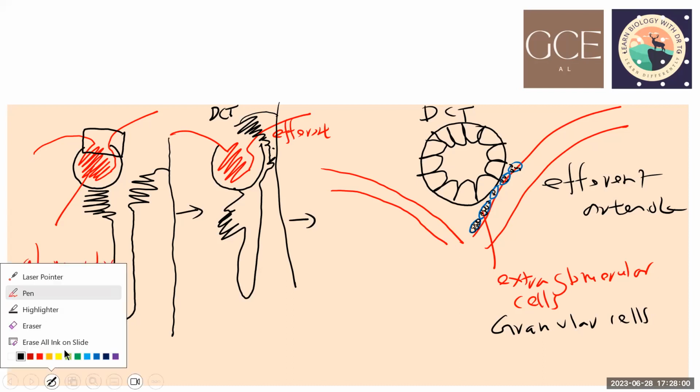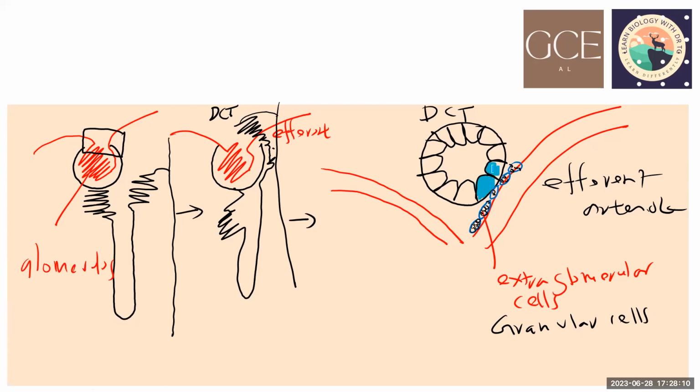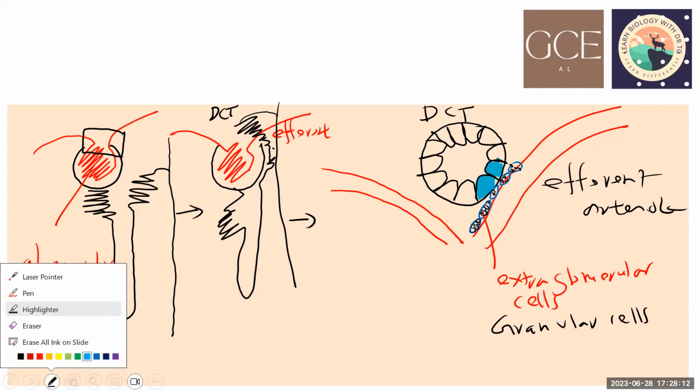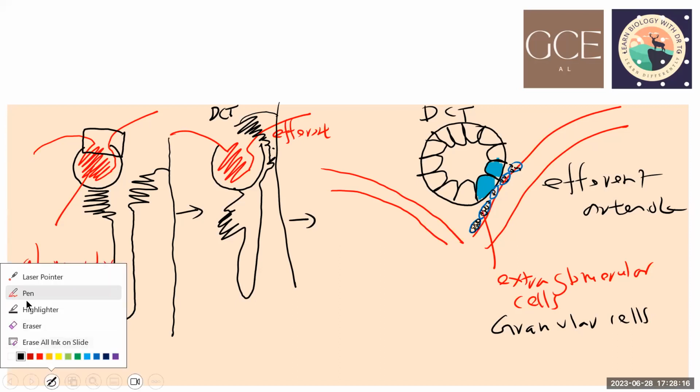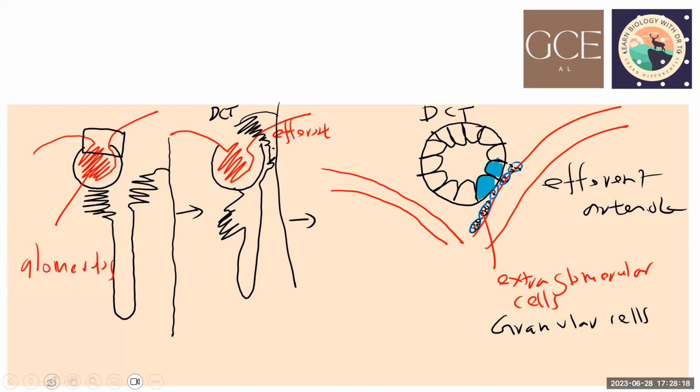Now on the distal convoluted side, again we can find some specialized cells. Let's say these two cells are specialized cells, and these specialized cells also have some kind of sensors, receptors on the surface.